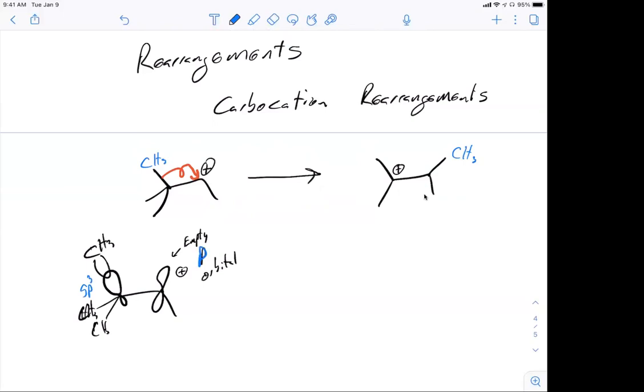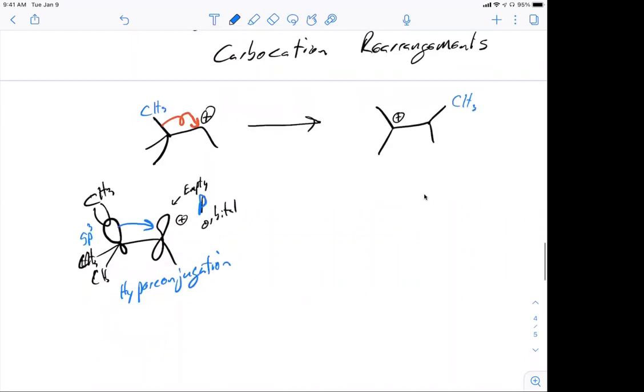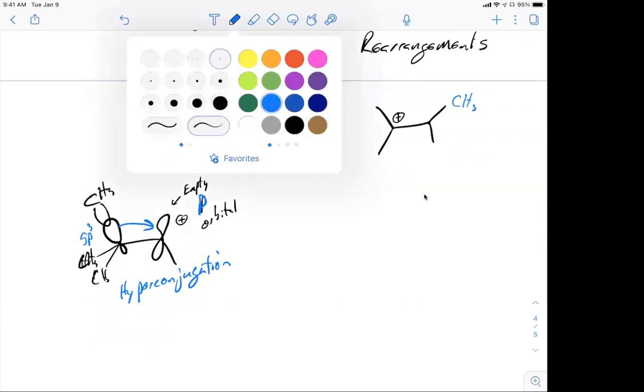So I've got my p orbital and my sp3, and what's happening is I can get hyperconjugation, which is the overlap of the sp3 with that carbocation, that empty p orbital. This hyperconjugation then leads to, in this case, a methyl shift.